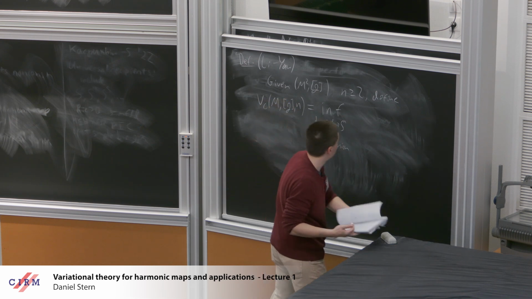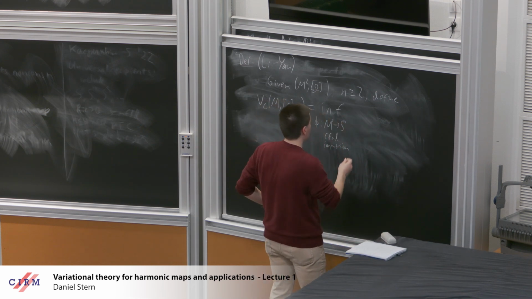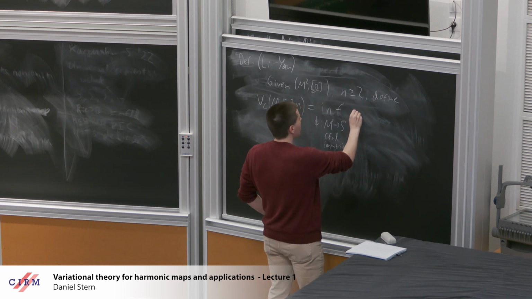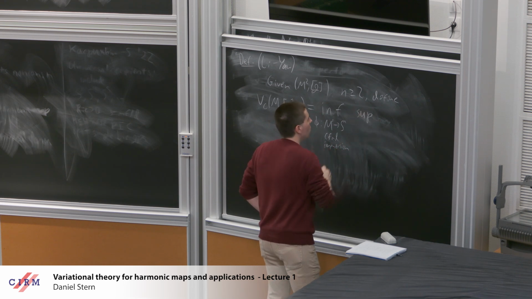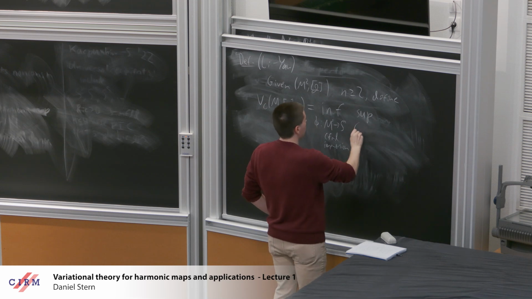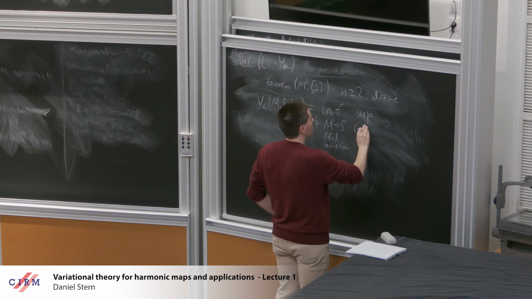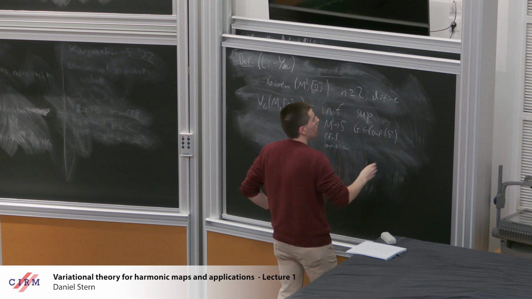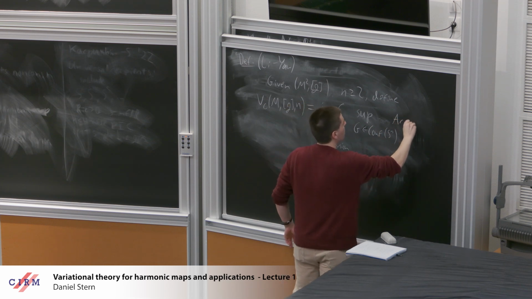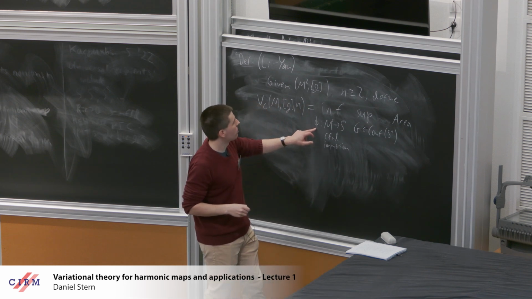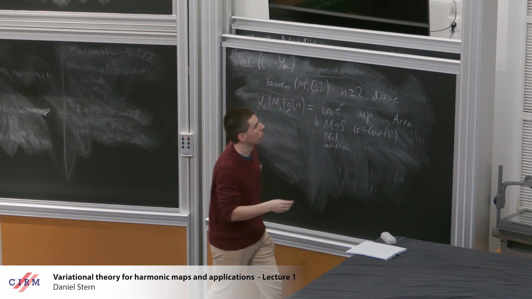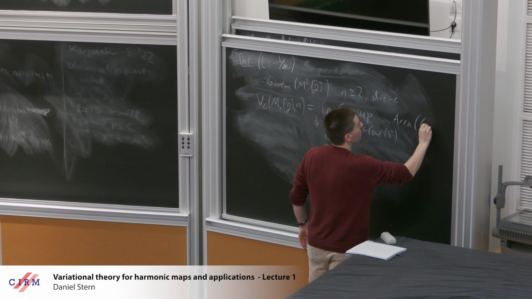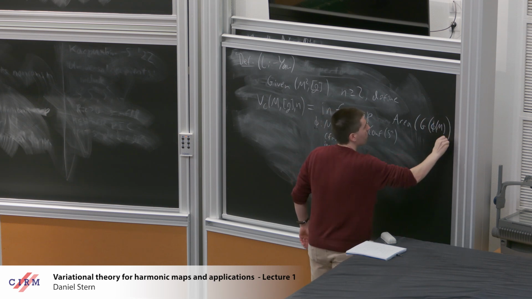Right, so conformal immersions, or maybe we allow a few branch points. And then the supremum over the group of conformal automorphisms of the n-sphere of the areas of the images of M under this map, where we move it around by those conformal automorphisms. So the area of g of phi of M. Okay?